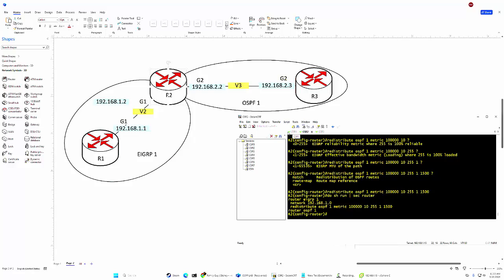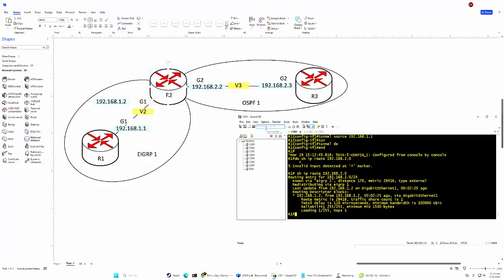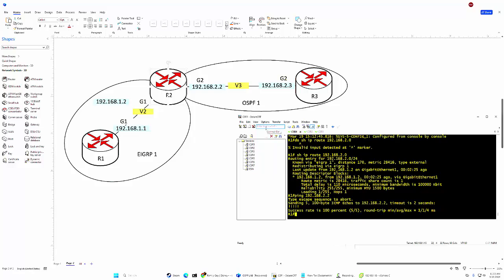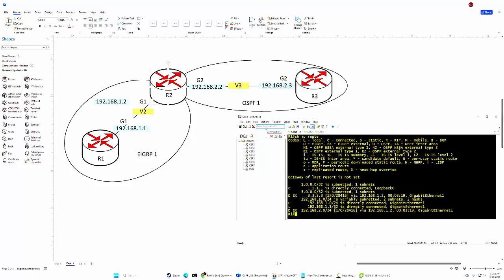No, that says 1.0. How is that being learned? It's saying that it's redistributed. Wait a minute. Oh my God, it is there.